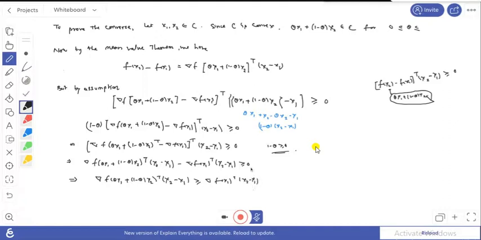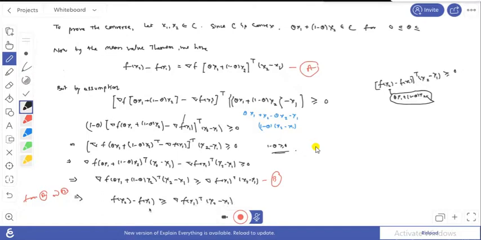And here by the mean value theorem, you know that this term is equal to f of x2 minus f of x1. So you can say that by equation A, and suppose this is equation B, from A and B we get this result. So in place of that you can write f of x2 minus f of x1, and that is greater than or equal to gradient of f at x1, transpose, x2 minus x1.